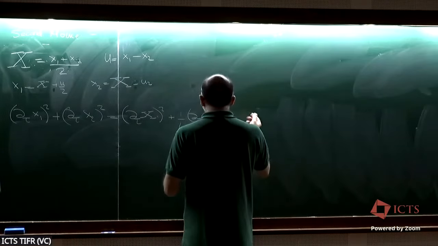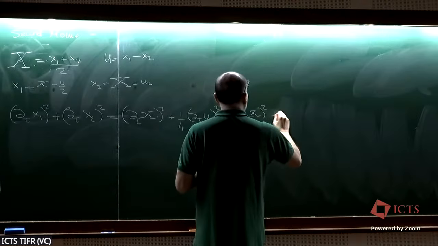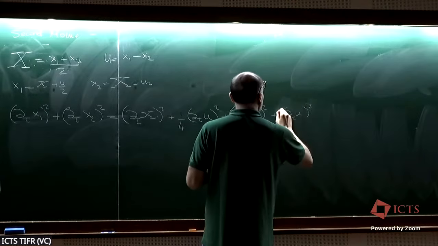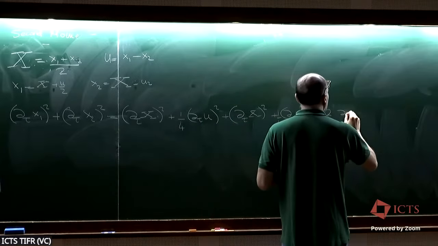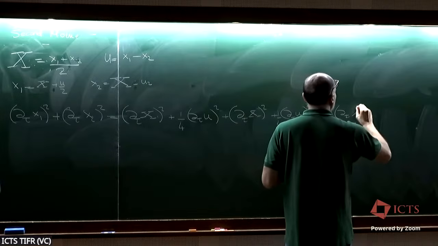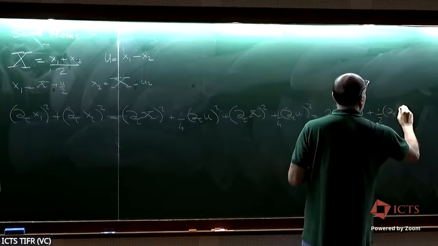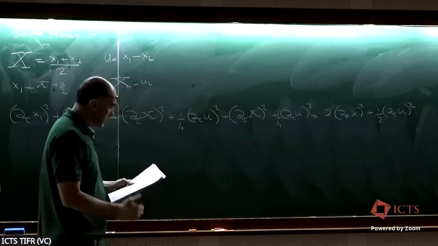And then you have still the square of this one. So at the end, you have 2 times plus 1/2. Okay?